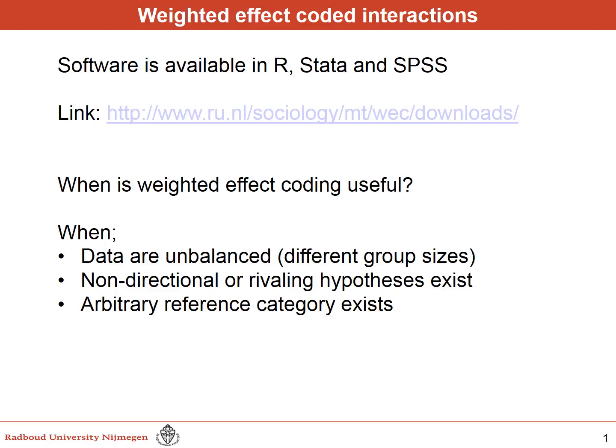So if you would like to avoid this arbitrary choice of a reference category, then weighted effect coding comes in very handy, I think. And I would like to add that if you are testing with a weighted effect coding method, then the testing you are doing actually is more conservative than testing with dummy coding, because if you use dummy coding, it's a sort of black against white comparison between one category and the other, which makes it more likely that your research hypothesis is corroborated.